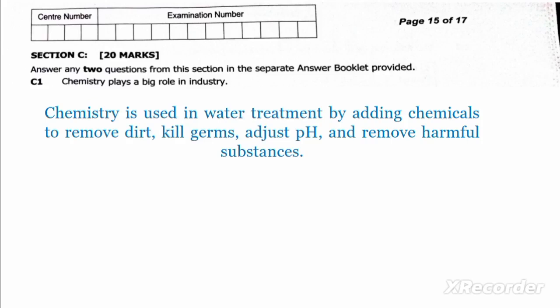So the application of chemistry here is the addition of chemicals like chlorine. Chlorine is added to water so that it can kill the bacteria found in water. This is the very application of chemistry.